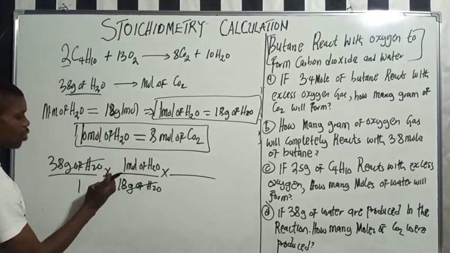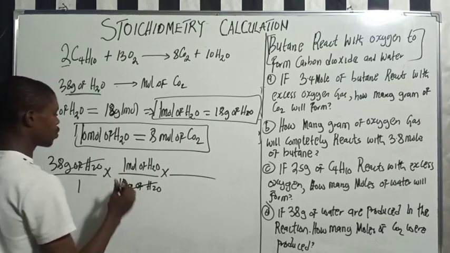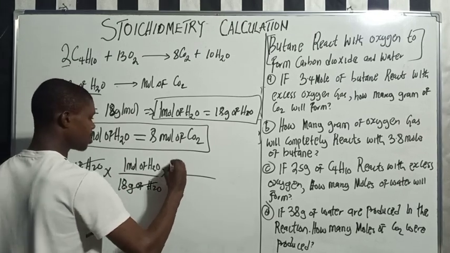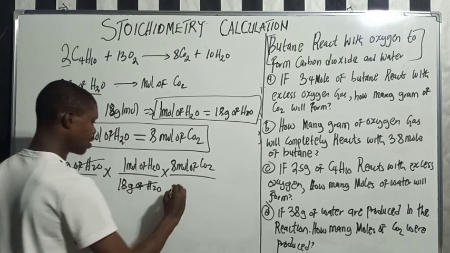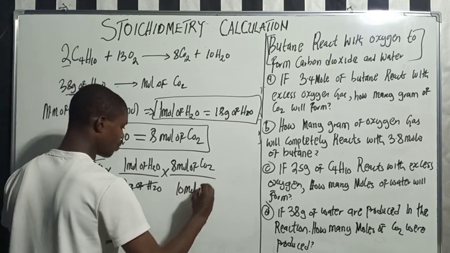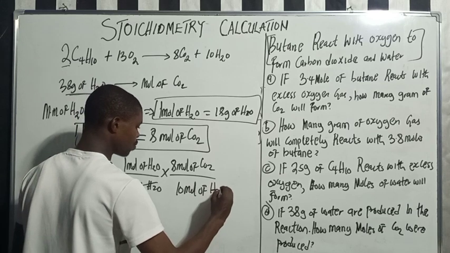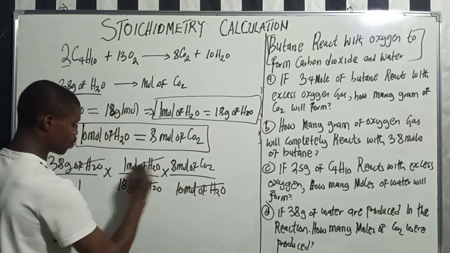My moles of water is already at the top, so this one will go to the bottom. So it's going to be 8 moles of CO2 for 10 moles of H2O. So this and this cancel out.